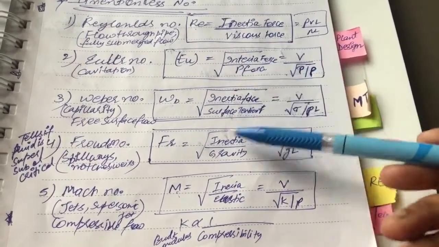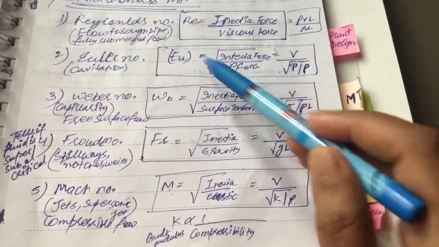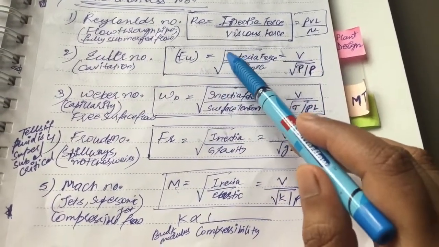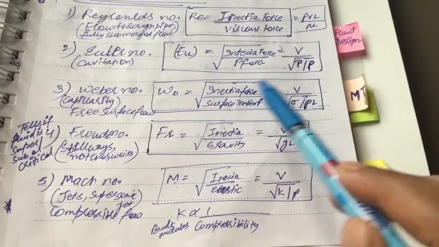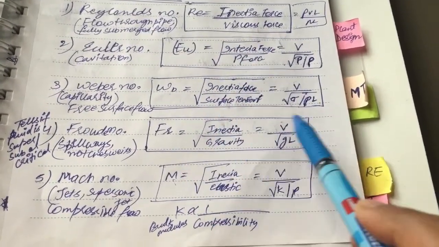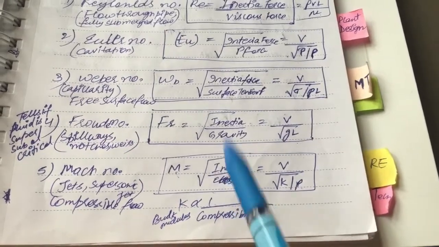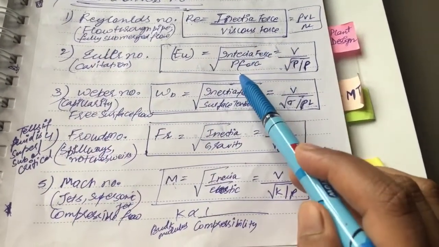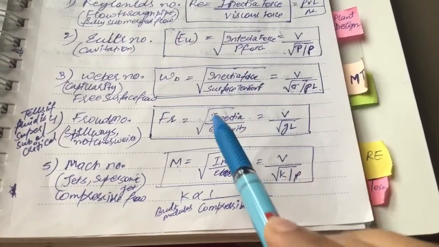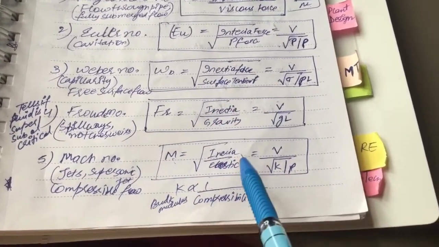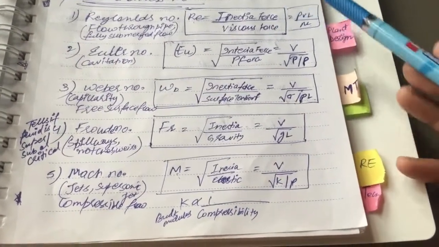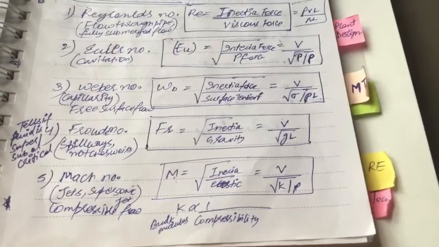All the other numbers are in terms of under root: under root inertia by some force. So Euler is inertia by pressure, Weber surface tension, Froude gravity, Mach elasticity. So now you can easily learn all these in one go.